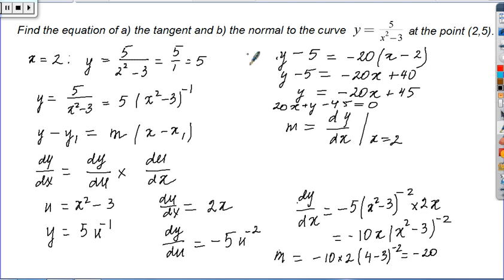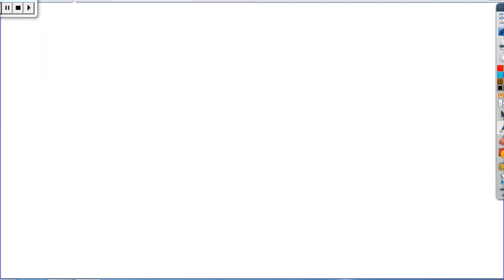Now we need to find the normal. To find the normal, we need to remember that the gradient of the tangent was minus 20.